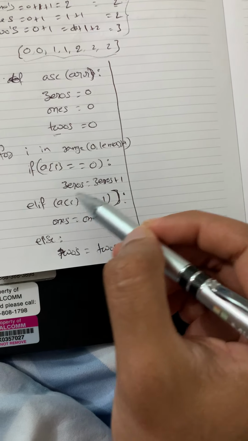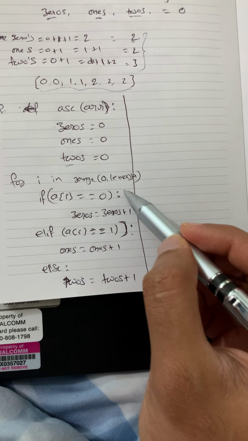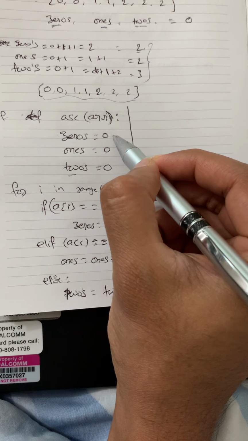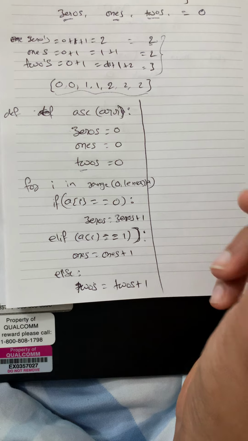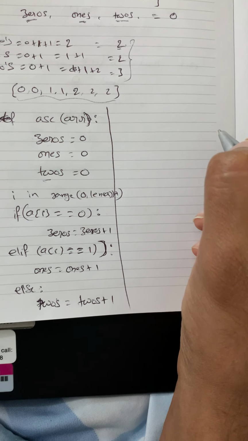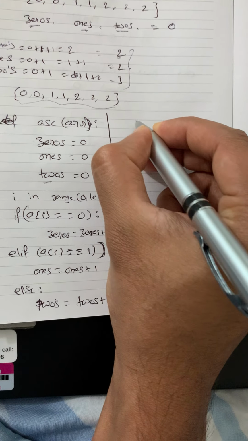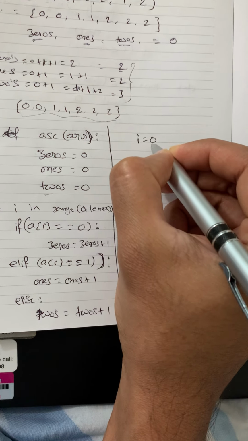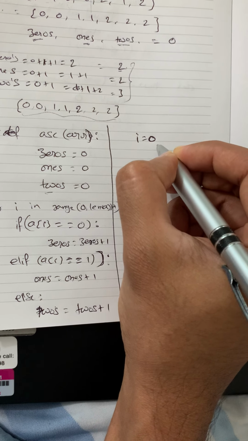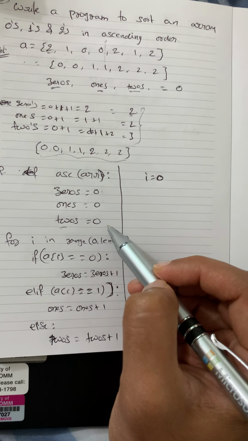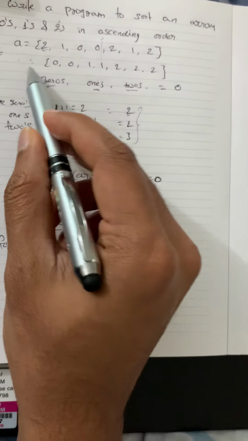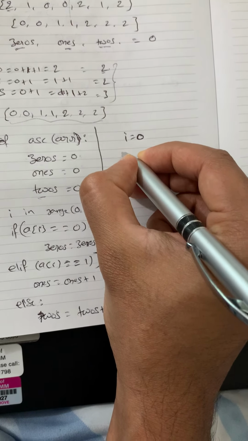After traversing the whole list, now I have the zeros value, ones value, and twos value. Now I need an extra variable, which I'll be using to append these zeros, ones, and twos to the array A. I'll be using a while loop.